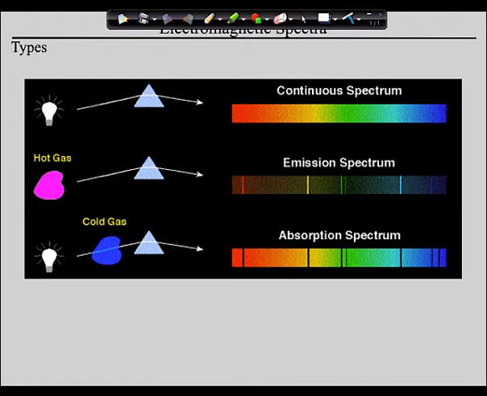Bohr found that there are some places electrons can be and some places electrons can't be. And because that is true, some falls are possible and some falls are not possible. And consequently, the emission spectra that we see have gaps in them representing the places electrons can't go or can't fall back to. You get the idea?